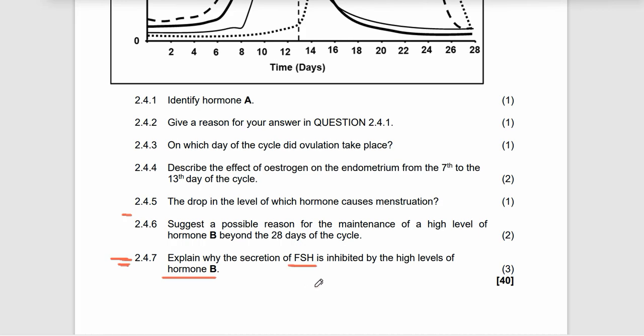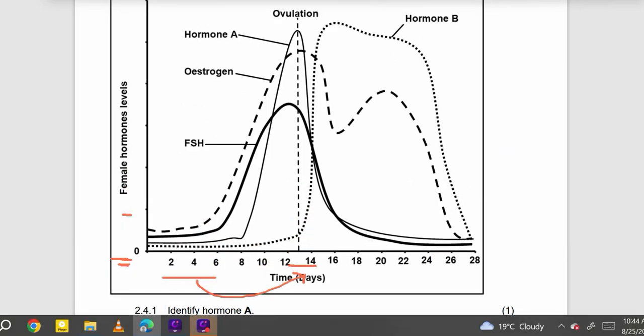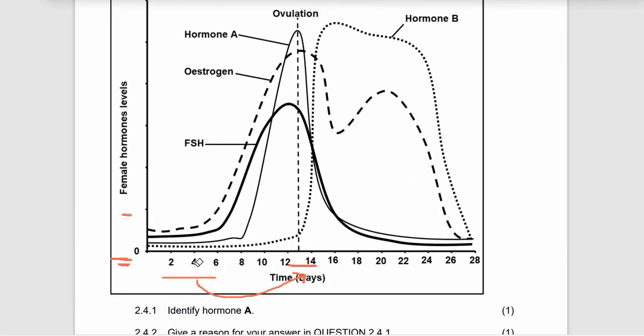So the reason is that when there are high levels of progesterone, that is going to inhibit the FSH, as you can also see in your diagram. Let me erase this so that I can explain on the diagram.